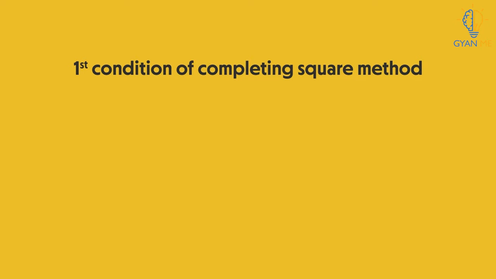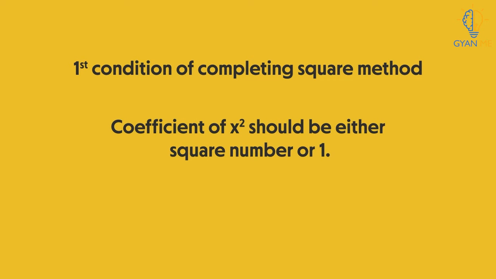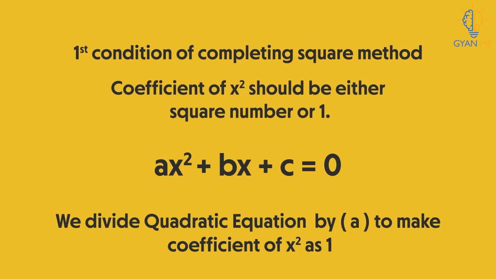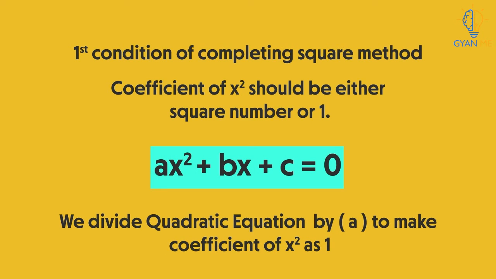Recall that first condition of completing square method was that coefficient of x square should be either a square number or 1. Now in our equation, we consider a not as a square number. So we divide quadratic equation by a to make coefficient of x square as 1.